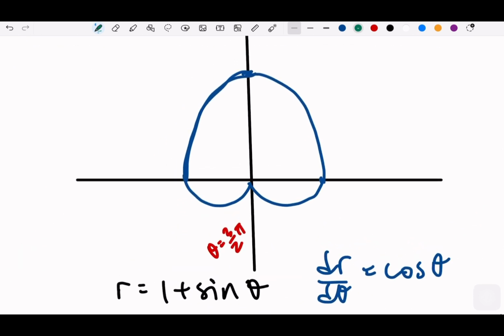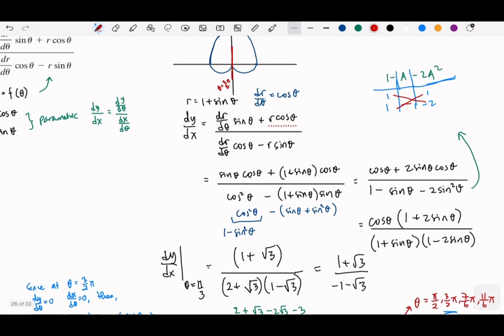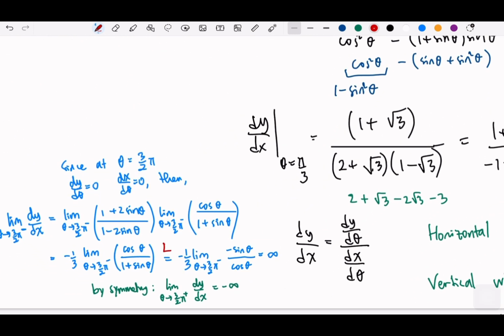So from the left, we see it's going up, right? So let me write here. Let me clean this up. So it's actually going to be like that. So it's going to be having some infinite vertical tangent. Okay. So that's going to be this.